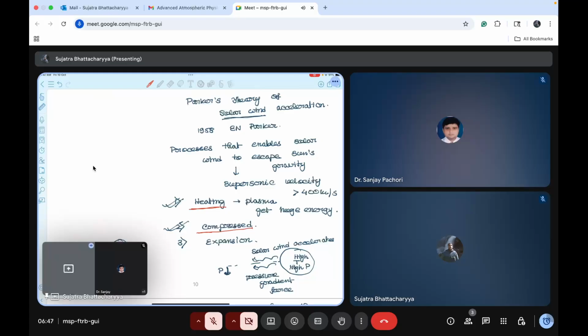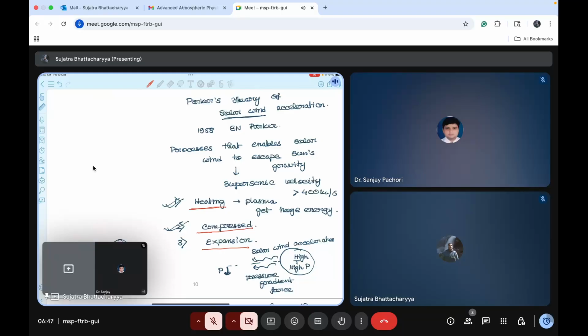The problem is that once you leave the sun, the pressure immediately drops, and it drops very rapidly. This decrease in pressure will result in an expansion. We know that a pressure decrease results in a volume increase at constant temperature, but here the temperature changes altogether. So after that, there is an expansion.